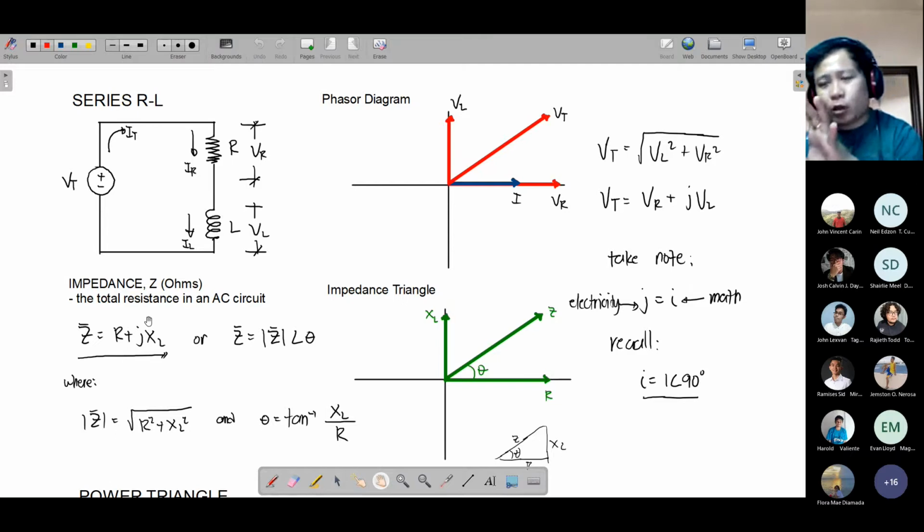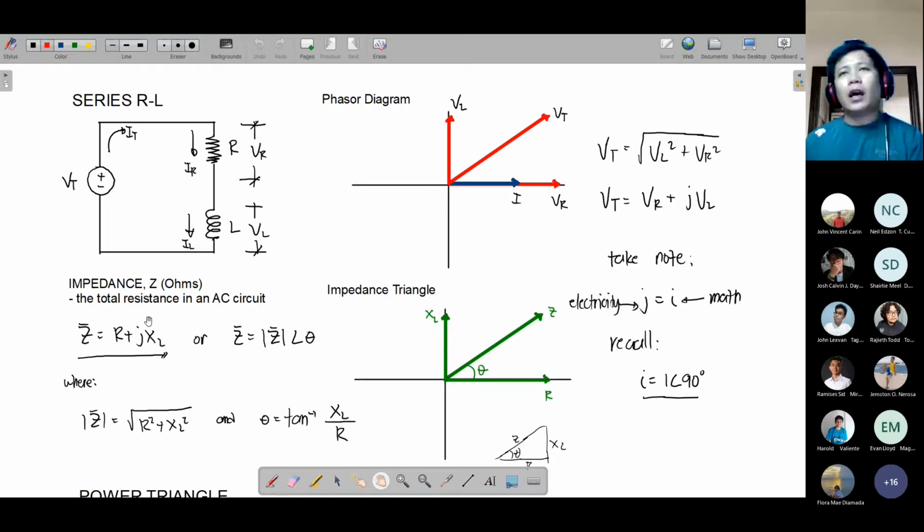Now, this is to represent that if the value uses J, that is an electrical value, not just a mathematical value. If I is written, it is a mathematical value. But if J is written, that is an electrical value. So you will have an idea immediately that this is an electrical value, because J is used.